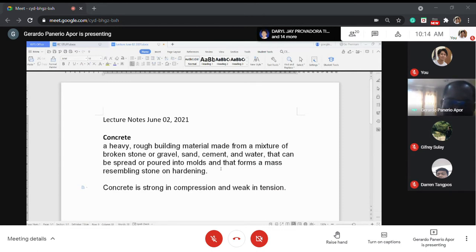That's one that I always emphasize in my lecture, that concrete is weak in tension. Okay, weak in tension.